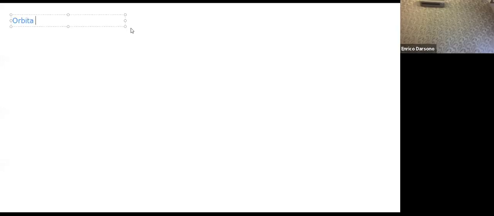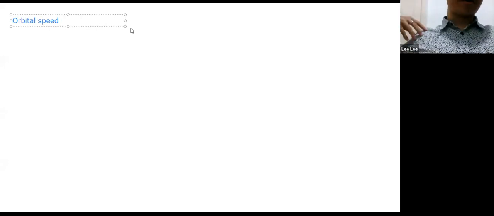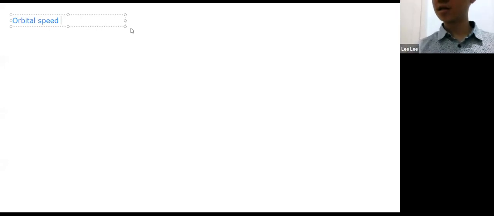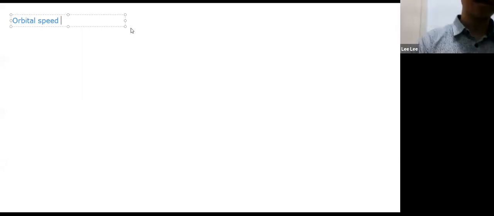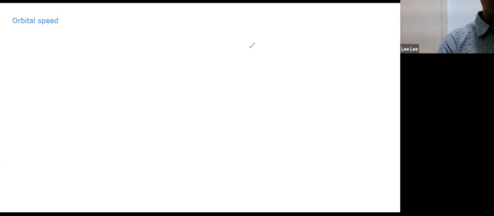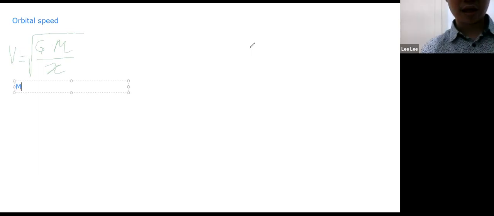Now I'm going to discuss the orbital speed. So you understand that is a weight already, right? The reaction force is a weight. For the orbital speed, if you read the formula, orbital speed is given by V equals square root of G times M over X. So the M here is the center object.